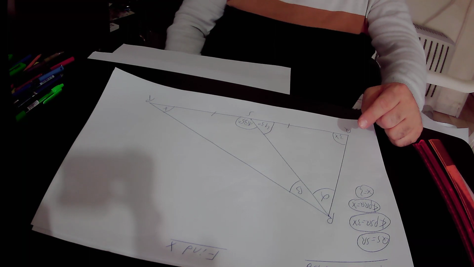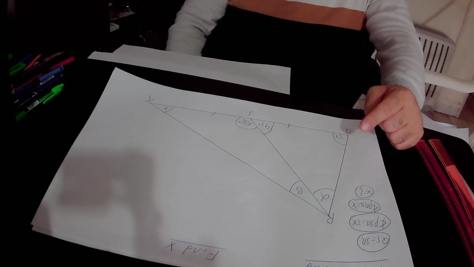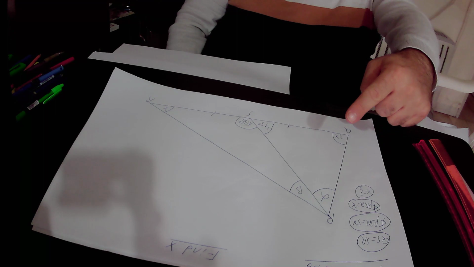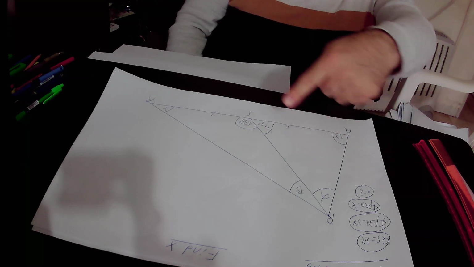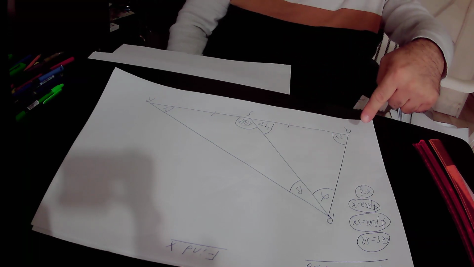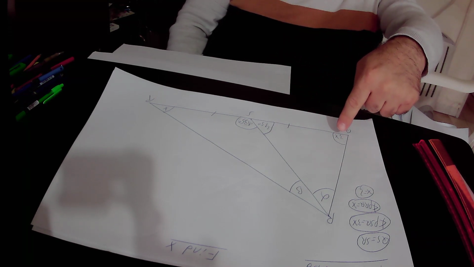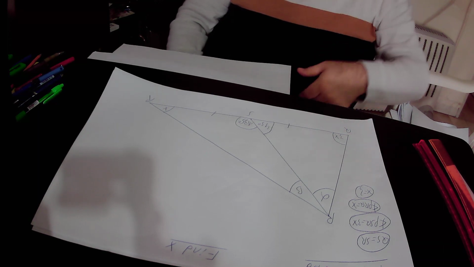It is equal to the ratio between the opposite angles. That is to say, PS over QS will be equal to sine 3x over sine alpha.